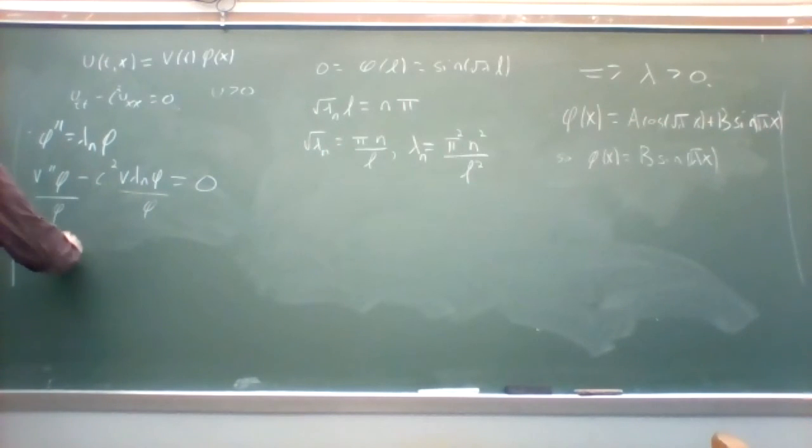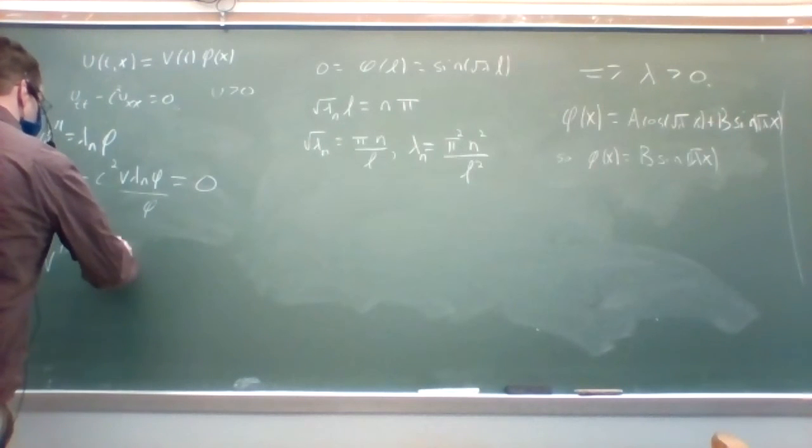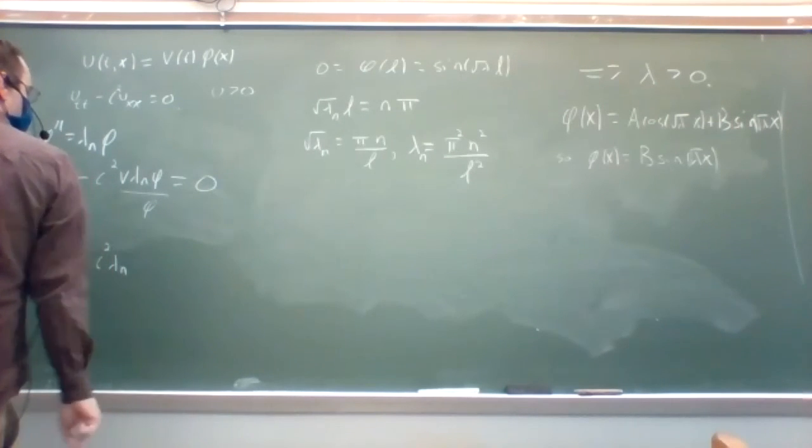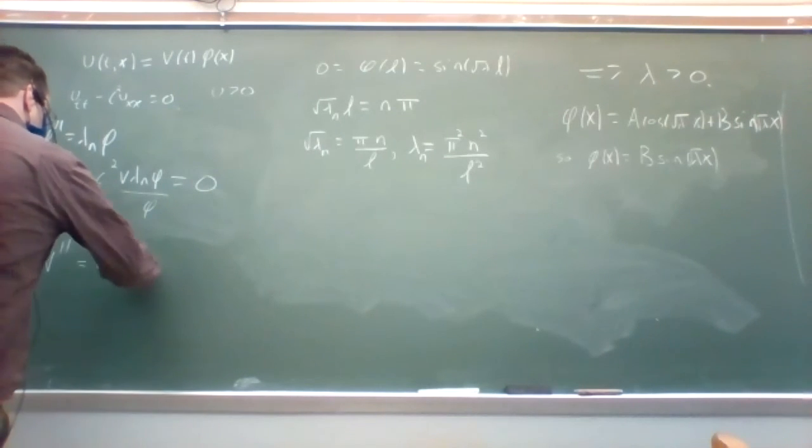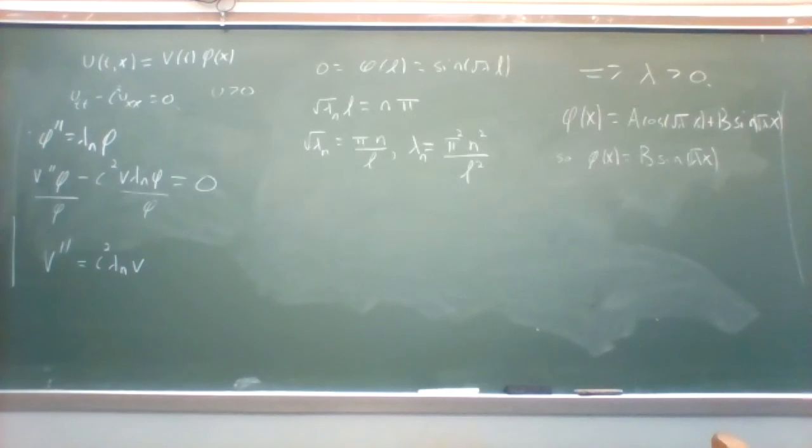I'm left with the equation we had before, but now taking into account the eigenvalues and the c squared. So we get v double prime equals c squared times lambda n times v. So the constant has a more special form.